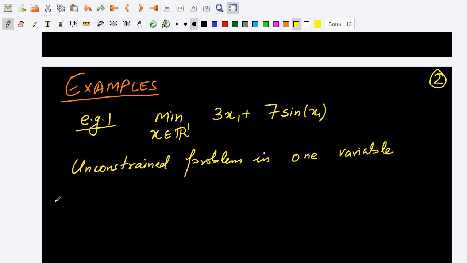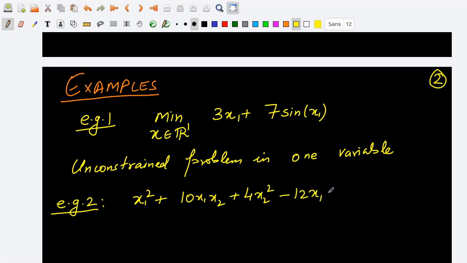Here's another problem in two variables. Plus 4x2 square minus 12x1 plus x2 plus 8, and suppose we would like to find the minimum value of this function.